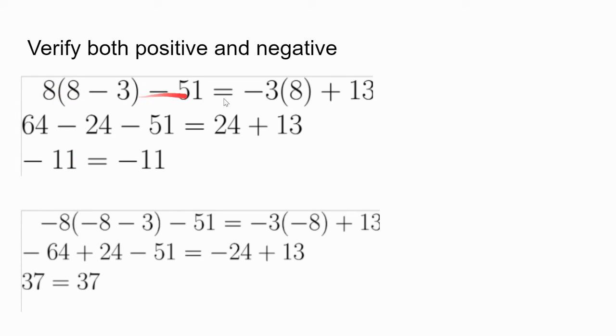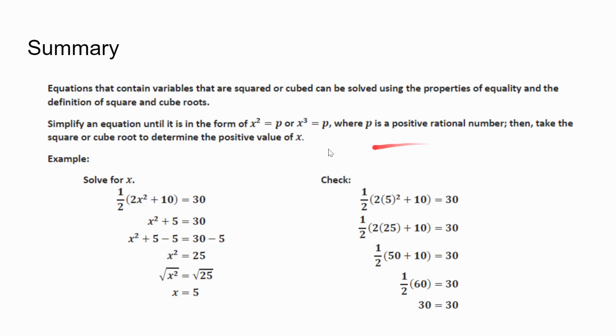I put a positive 8 in for x, I end up with negative 11. And if I put a negative 8 in everywhere there was an x, I end up getting 37 equals 37. So both of those answers work, but we're only worrying about the positive this year.